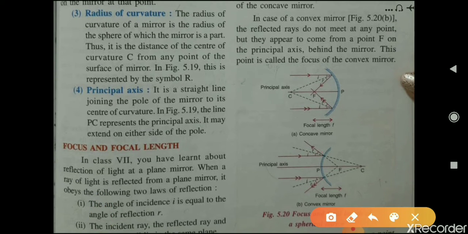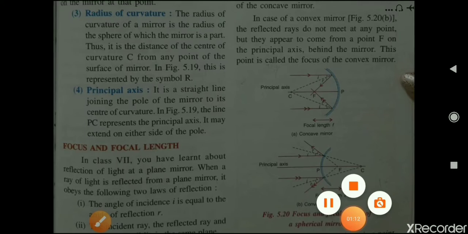As you can see here, these rays do not meet at any point, but they appear to come from a point F on the principal axis behind the mirror. This is the point F from where they appear to come, and this is called the focus of the convex mirror.